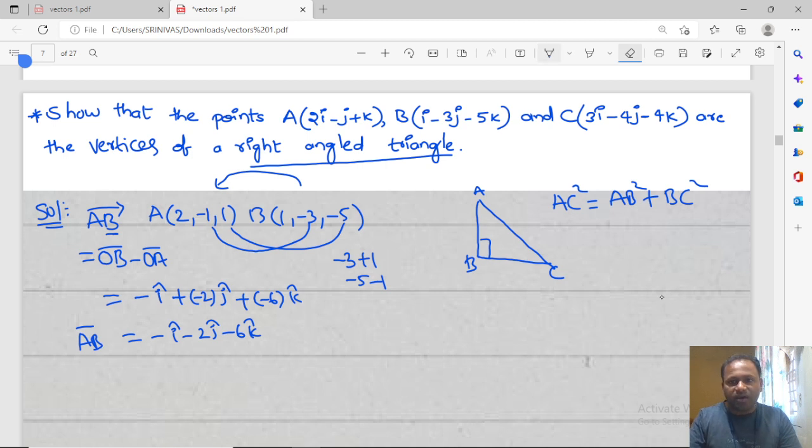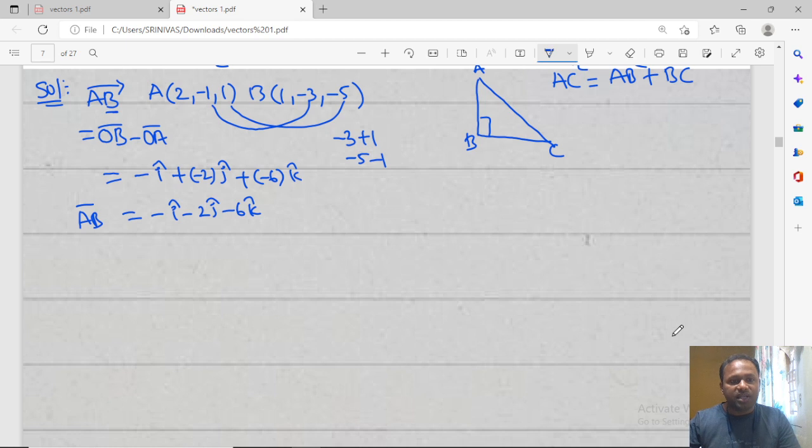Now I will find the modulus of AB bar, because mod AB bar we can write as under root of 1 plus minus 2 square, 4, plus minus 6 square, 36. 36, what we get? 40, 41 we get.